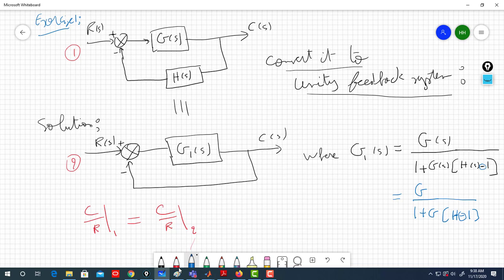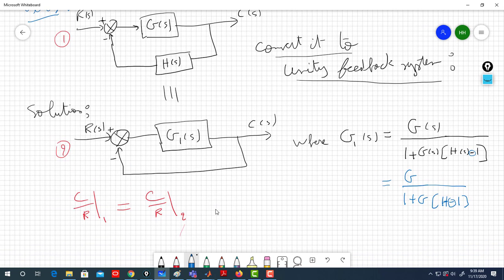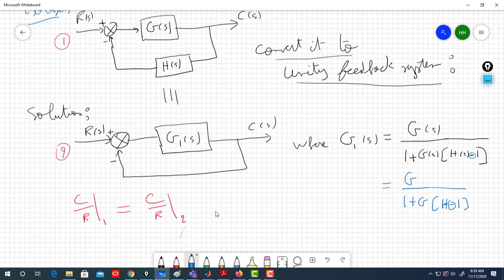Doctor, we define it as forward over 1 plus loop, right? Yes. So here we take it as G of S over 1 plus G of S H of S. Yes, this is C over R.